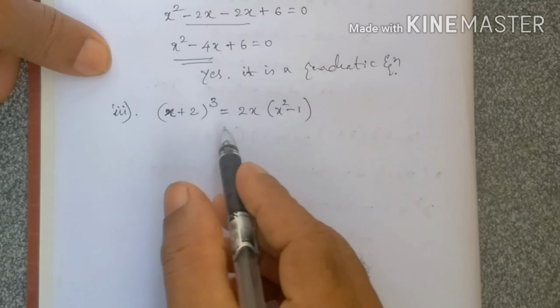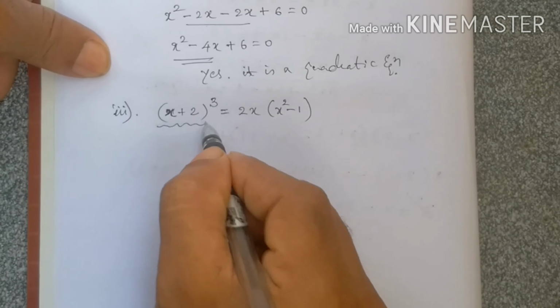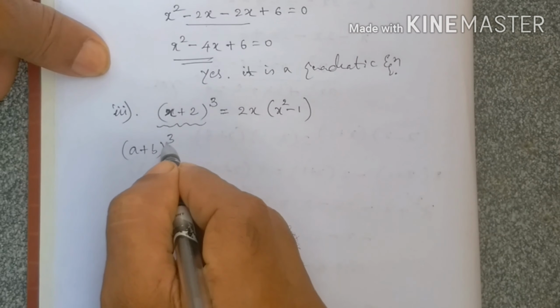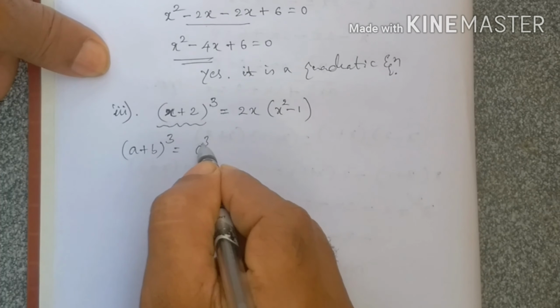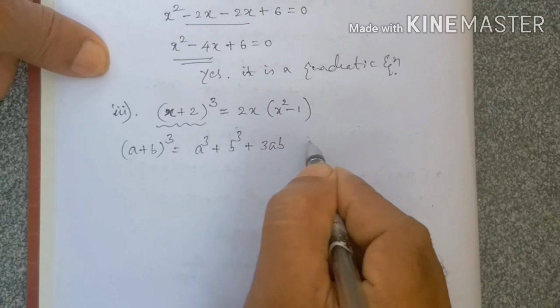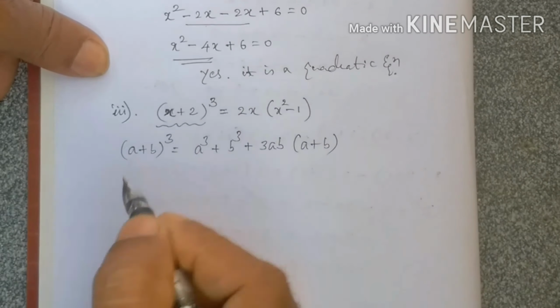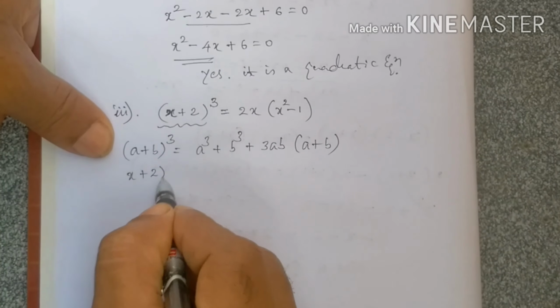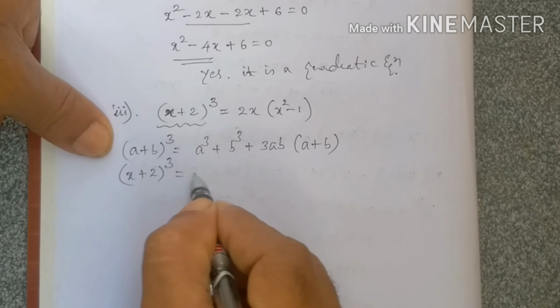So we need to simplify. It is in the form of (a + b)³. You know the formula, (a + b)³ is nothing but a³ + b³ + 3ab(a + b). So you expand this, no problem, in one step.